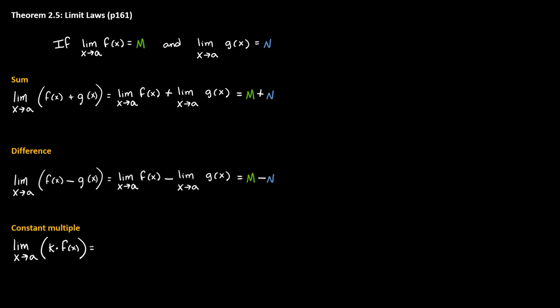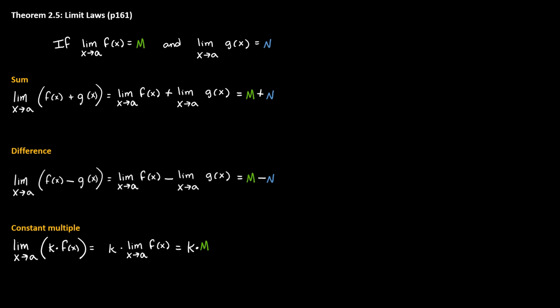If we wanted to evaluate this limit with the limited information that we have, we would first need to pull the k outside of the limit operator. This means we can substitute in m for the limit of f and say that this is equal to that constant times m.